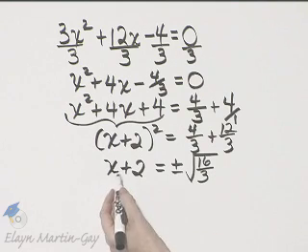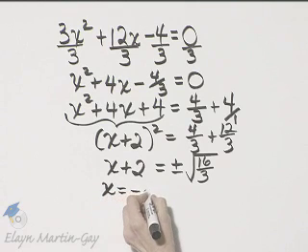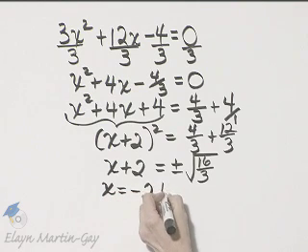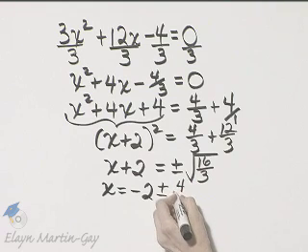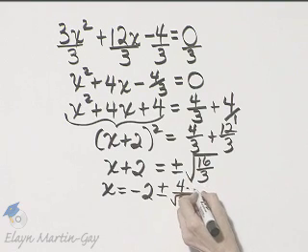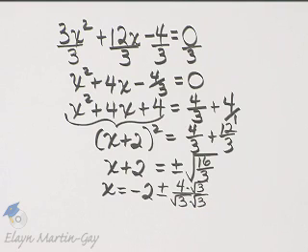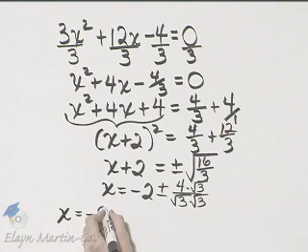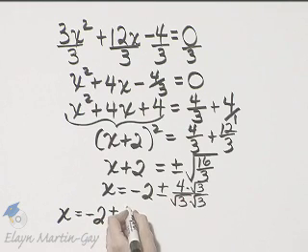To finish solving, I'll subtract 2 from both sides, so x is equal to negative 2 plus or minus, the square root of 16 is 4, and then I have the square root of 3 in the denominator, but let's rationalize, so I'll multiply the numerator by the square root of 3 and the denominator by the square root of 3.